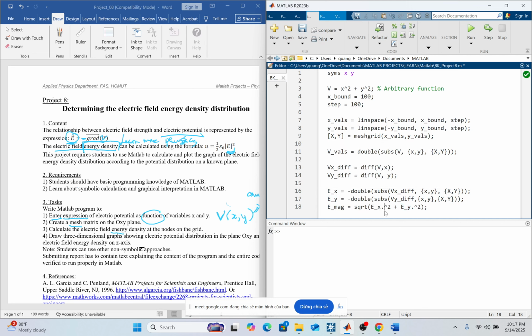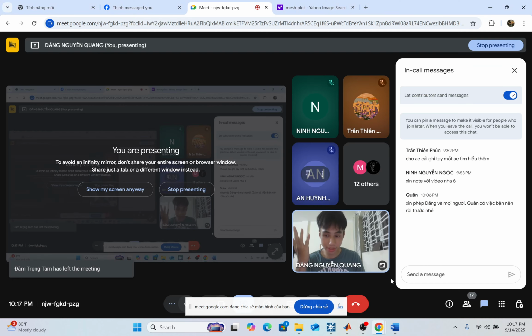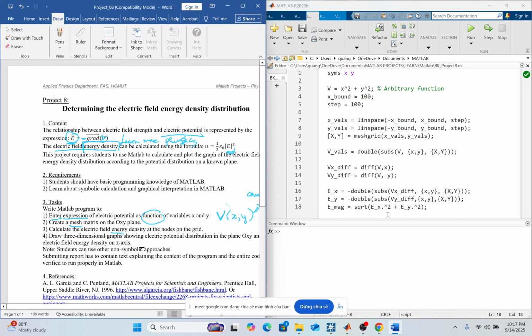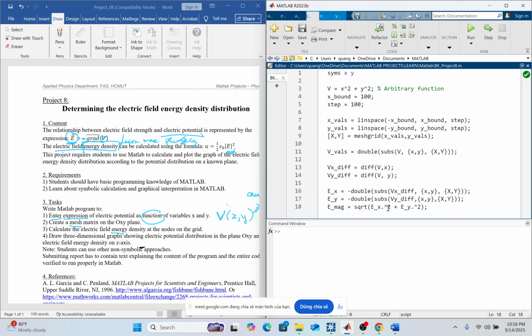Why do I have a dot here? Because EX and EY is not a scalar. It is a matrix, right? So you have to use the dot to perform an element-wise matrix multiplication, which means that this power of 2 won't be applied to just any specific value in this matrix.